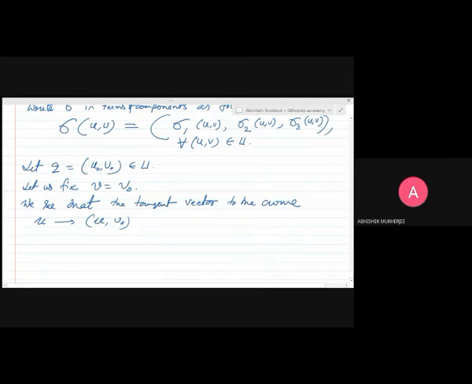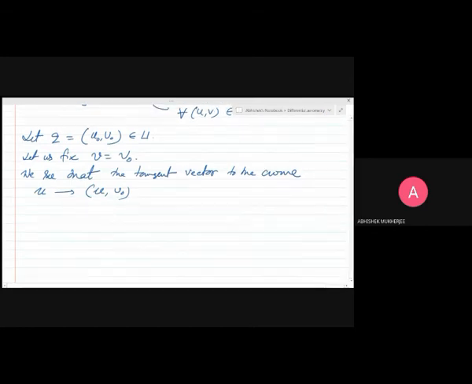What is the tangent vector to this curve, u goes to (u, v naught)? It is u1, that is (1, 0), right? Just taking the differentiation with respect to u.